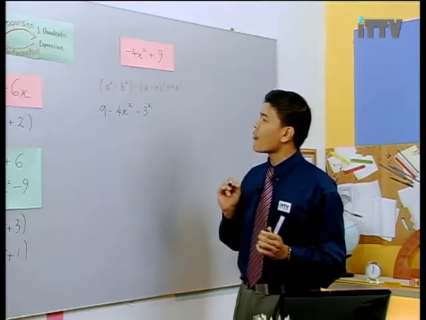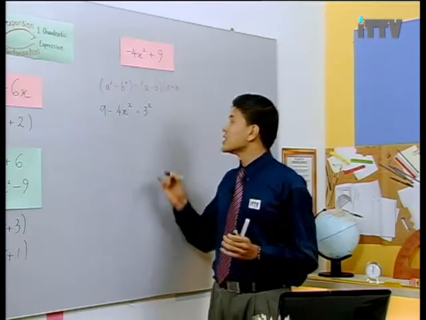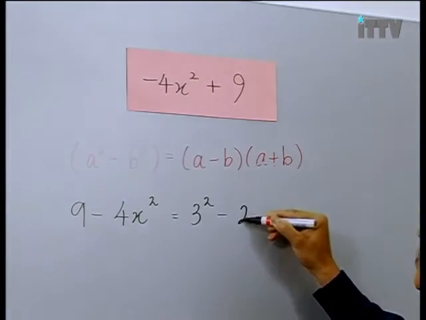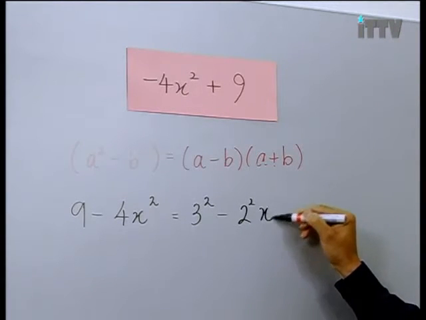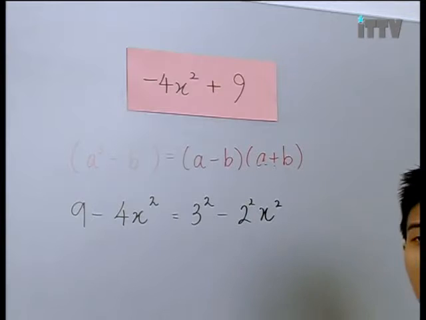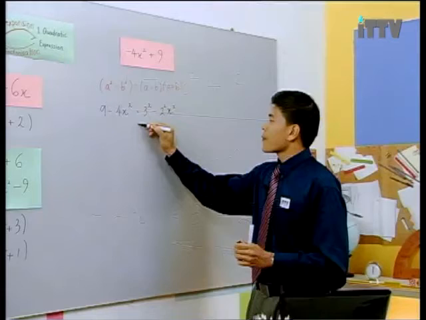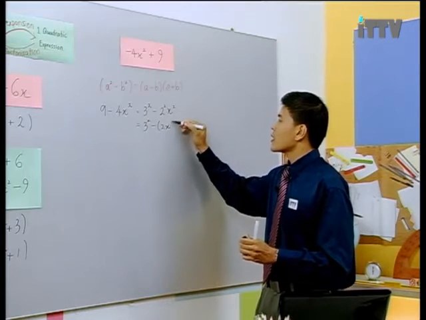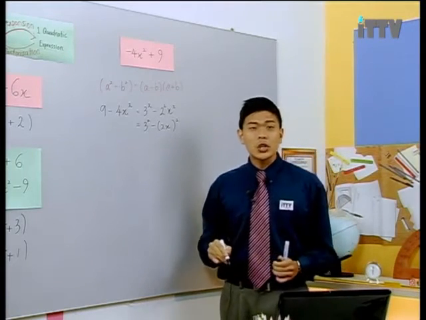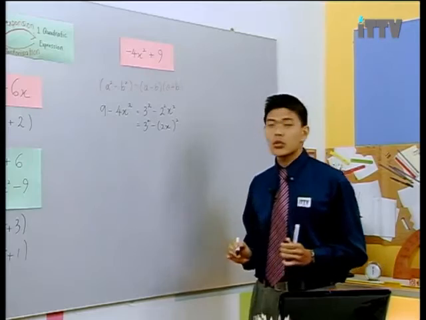And minus 4x square can actually be written as 4 is a perfect square, 2 square, and x square is already a perfect square by itself. Okay? This can be simplified to 3 square minus bracket 2x square.